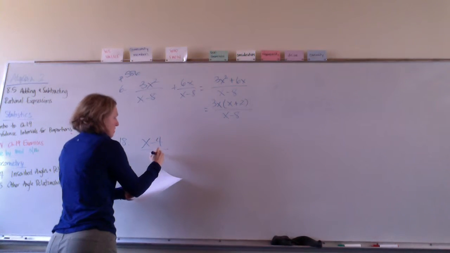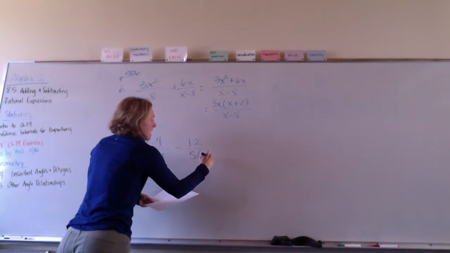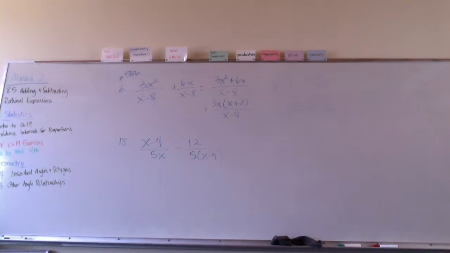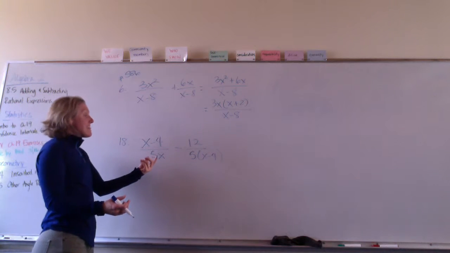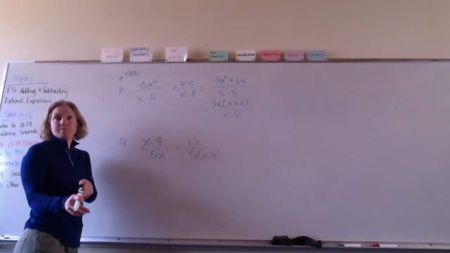All right, x minus 4 over 5x minus 12 over 5 times x minus 4. So this is where I would go back to that old plan. What does this one have that this one doesn't?